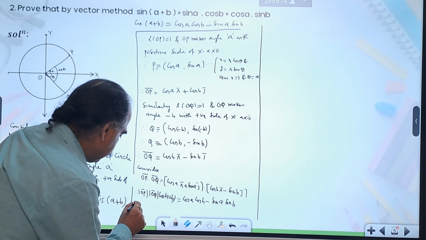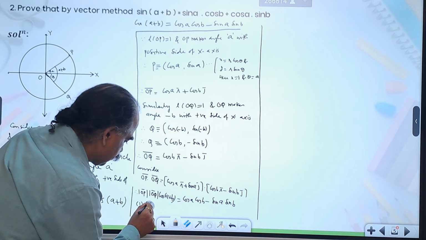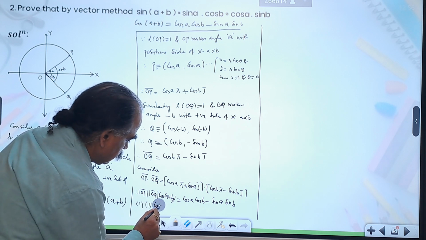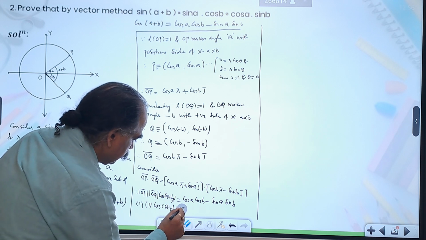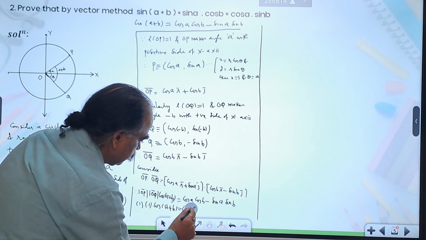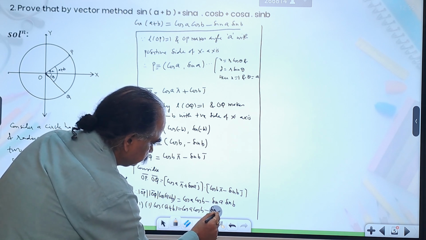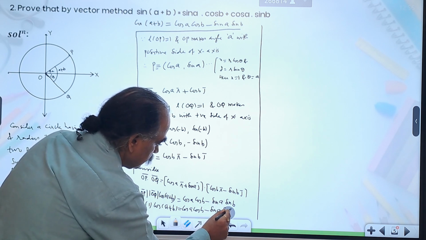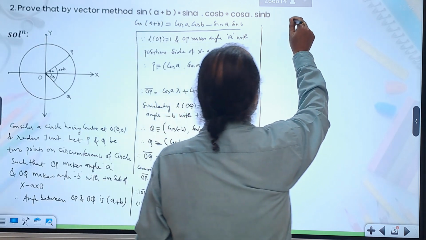Now mod OP bar is 1, mod OQ bar is 1, cos A plus B is equal to cos A cos B minus sin A sin B. Therefore, cos A plus B is what?